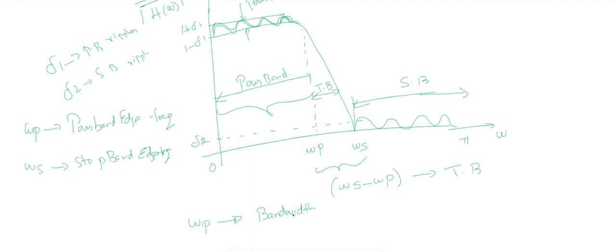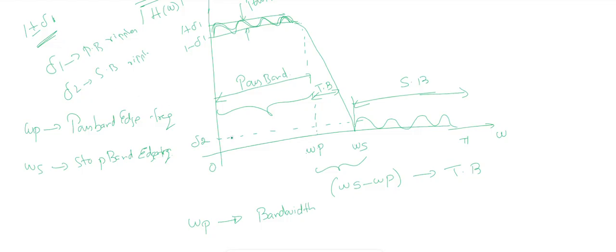If there are ripples in the pass band, they are denoted by del 1. If there are ripples in the stop band, they are denoted by del 2. The magnitude response H of omega varies between 1 plus del 1 and 1 minus del 1, so we can say 1 plus or minus del 1 ripples in the pass band.